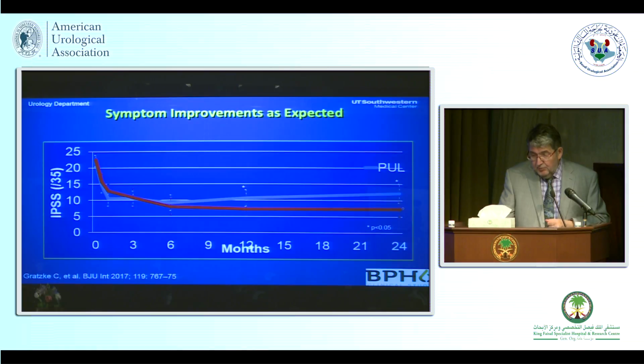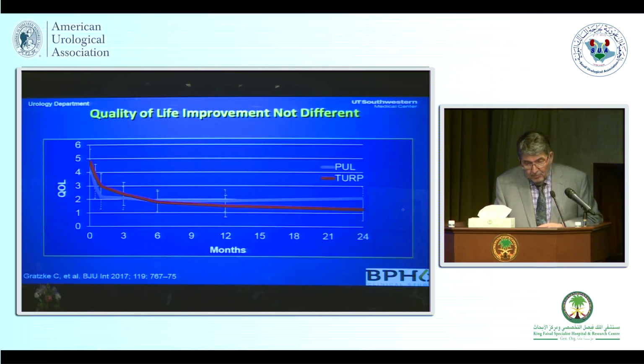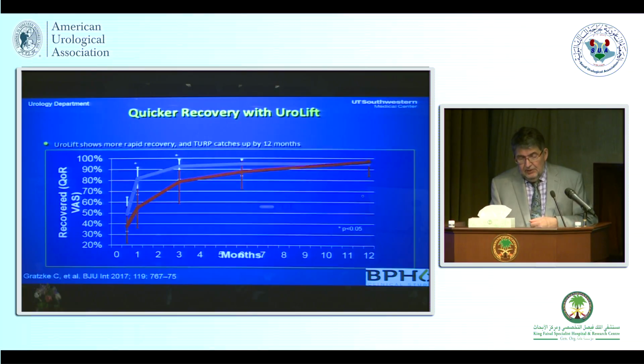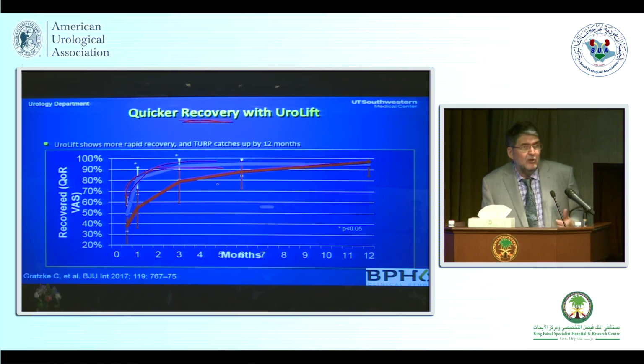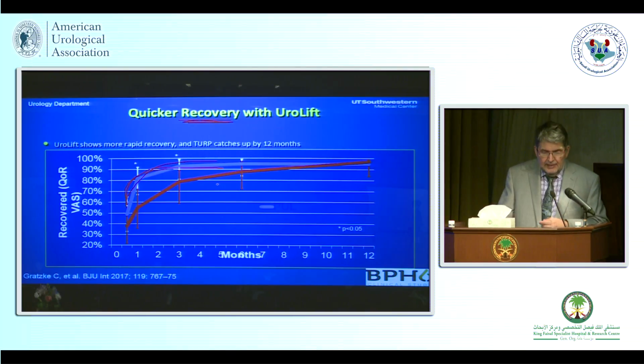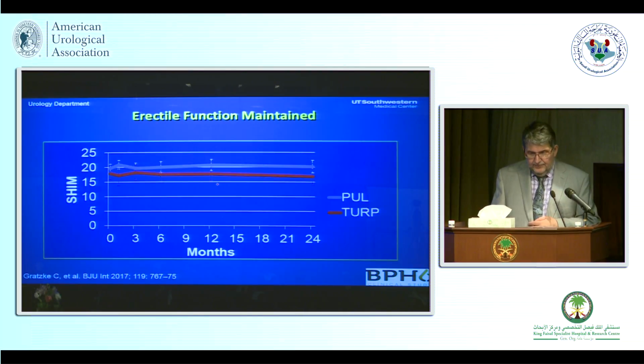The symptom score improvement was not as good as the TURP, that's expected, but the quality of life improvement was similar. There was a quicker recovery to normal activity with the UroLift compared to the TURP. I would expect it. I tell my patient they can go back to work a couple of days later, and with the TURP, I tell them you can go back 10 to 14 days later.